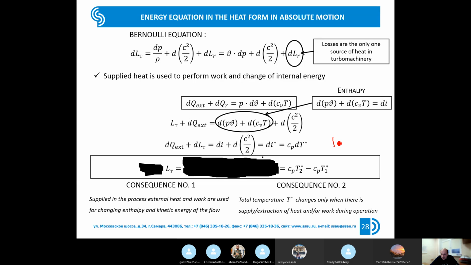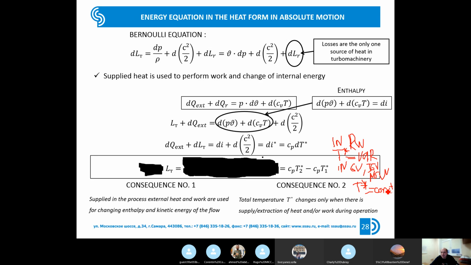So, in the rotor wheel, total temperature will be variable. In non-moving channels, in the guide vane, in the inlet guide vane, in the nozzle guide vane, in nozzle blades, total temperature will be constant.